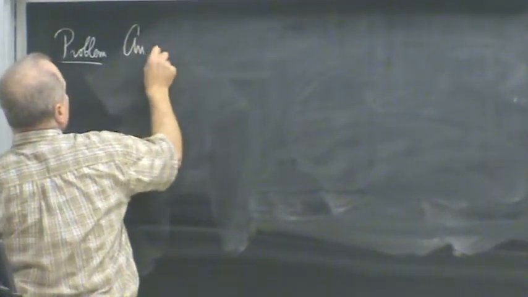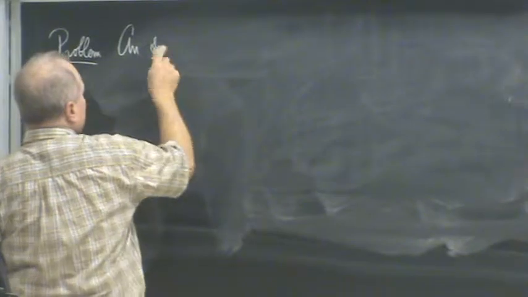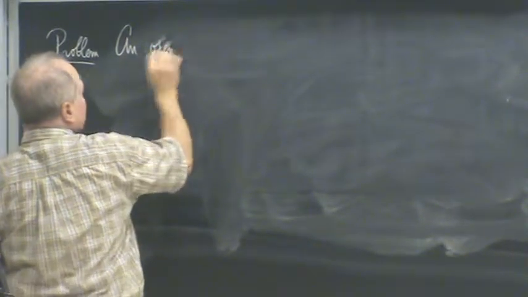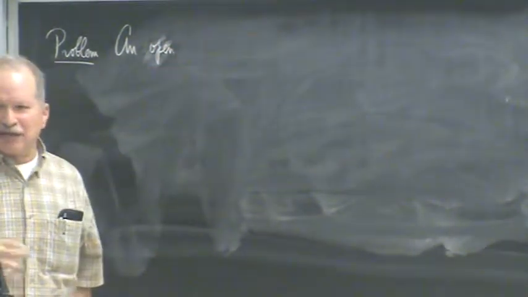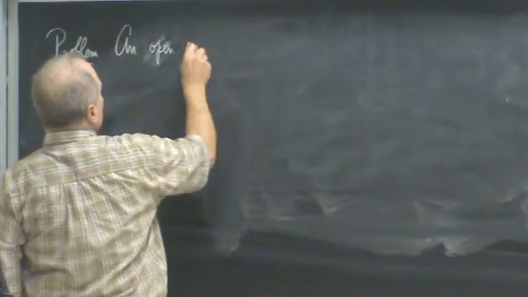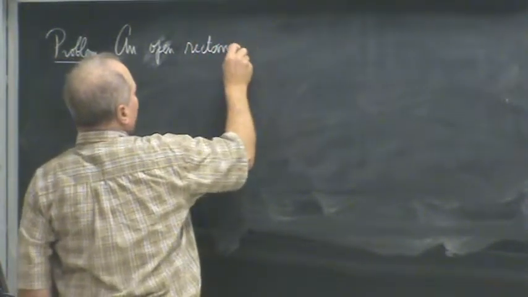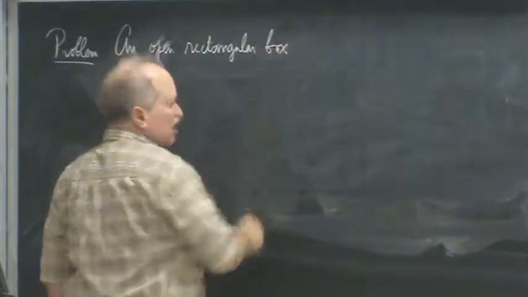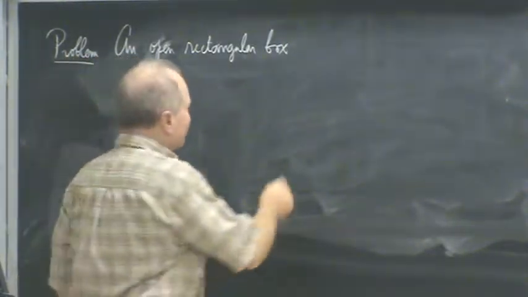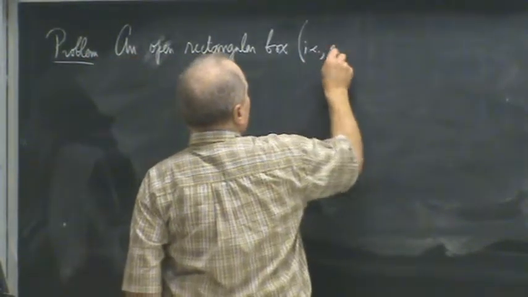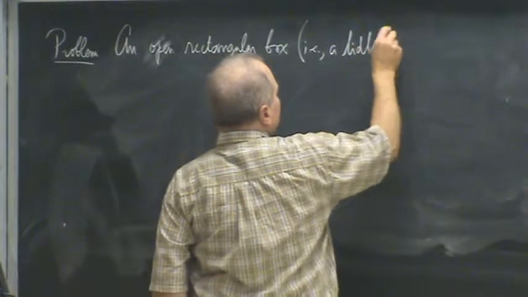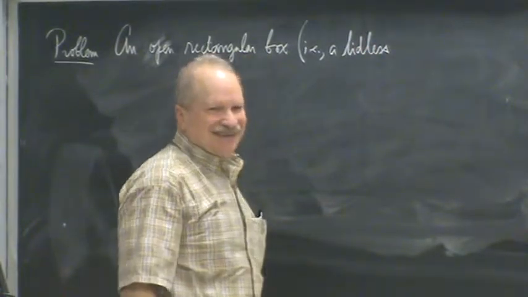So suppose you have an open, now this is not open in the sense of math, this is open in the sense of everyday living. An open rectangular box, like no lid, by which I mean a box with no lid. A lidless box, a lonely rectangle.